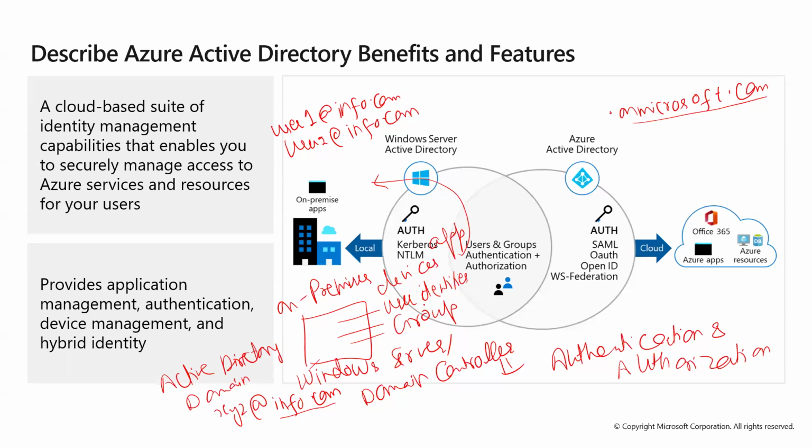Now, every time a user sends a request to log into the devices, applications, or servers, the authentication request comes to this domain controller, the credentials are verified, and afterwards he or she gets access to the servers or resources. In Active Directory we use different protocols: Kerberos and the NTLM protocol.